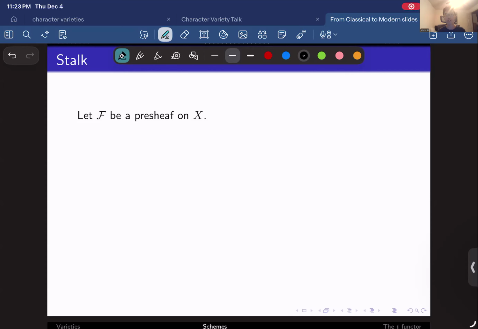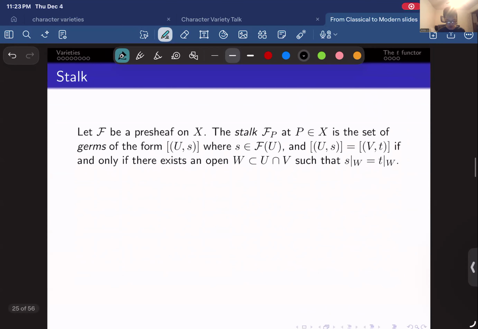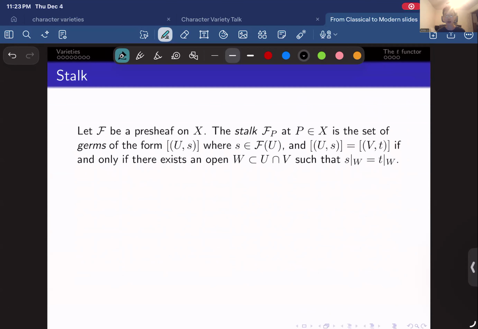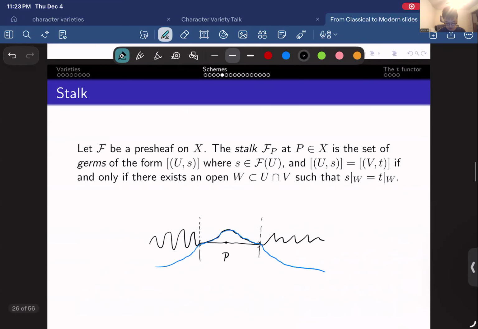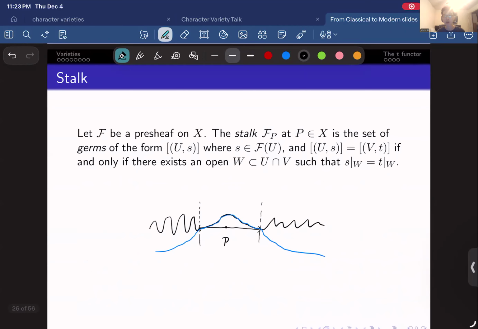So suppose F is a presheaf on X. I can define a stalk F_p at p in X as the set of germs of the form (U, s), where s is a section in F(U), and (U, s) is equal to (V, t) if and only if there exists an open subset W, which is a subset of U intersect V, such that s restricted to W is equal to t restricted to W. So the mental picture to keep track of here is this.